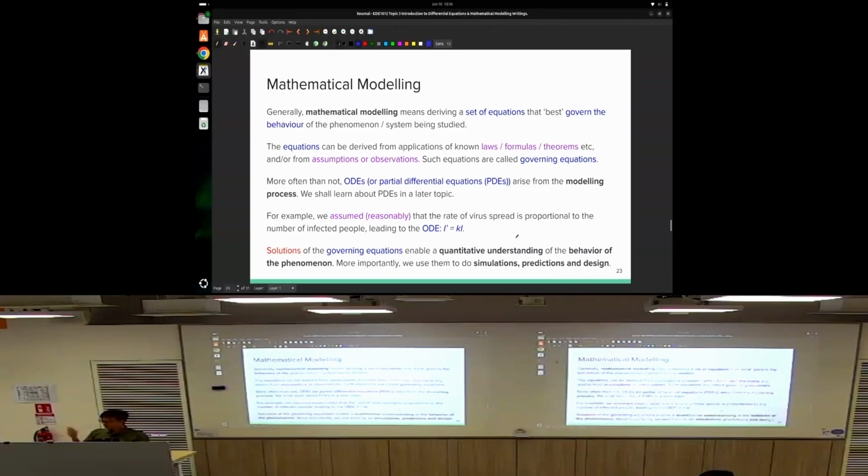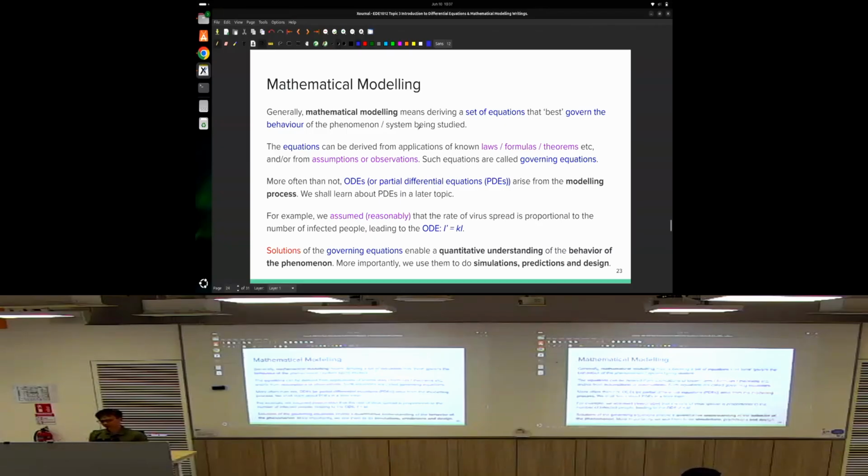But mathematical modeling can also extend to using differential equations or deriving differential equations. Generally, the mathematical modeling process means the derivation of a set of equations that govern the behavior of the phenomenon or system being studied.